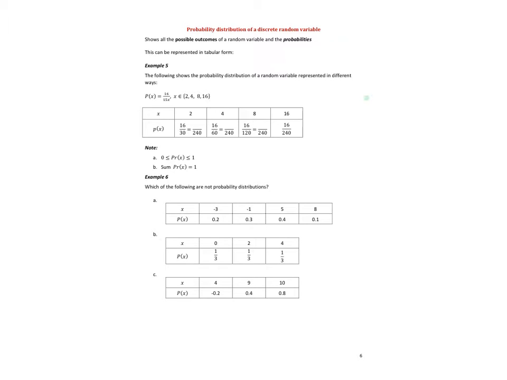We've sort of drawn our tree diagram, and then we've just listed all the outcomes: head, tail, head, tail, tail, etc. All right, so that's actually a probability distribution.